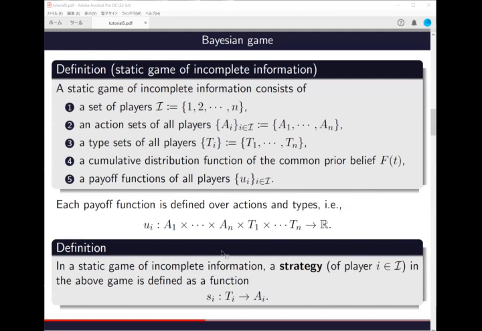As noted in the middle of the slide right here, an important feature of a Bayesian game that was not present in the games of complete information is that the payoff function now depends not only on the action profile, but also on the types. Okay. And so a strategy in a Bayesian game specifies what each type of each player does, such that a strategy of player i is a function of its own type.